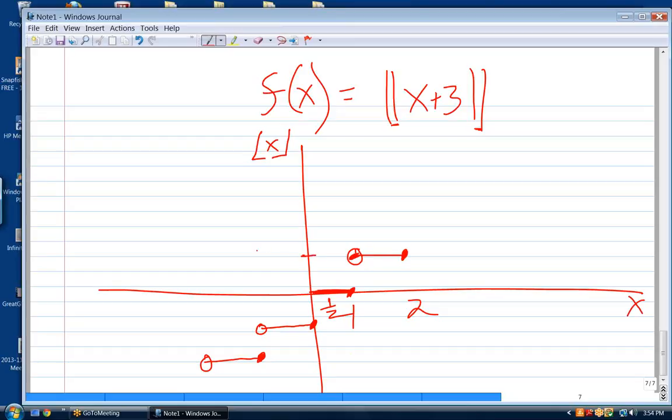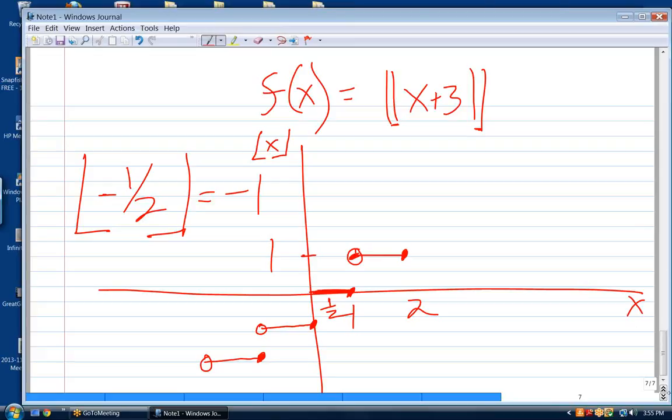If I took the greatest integer function of -1/2, it would be -2, wouldn't it be? It would be -1. Yeah, that's right. In other words, it's always the integer to the left on the number line.